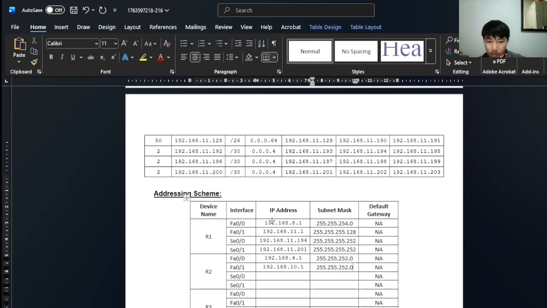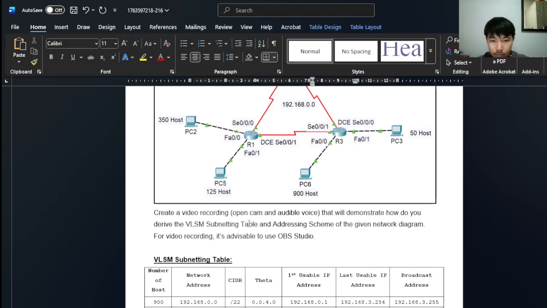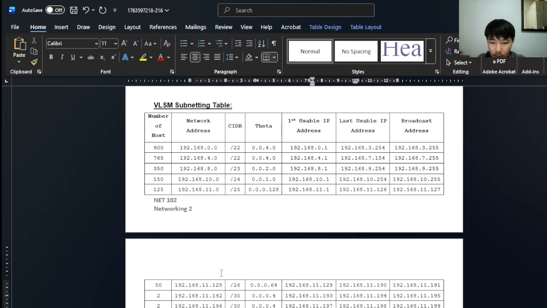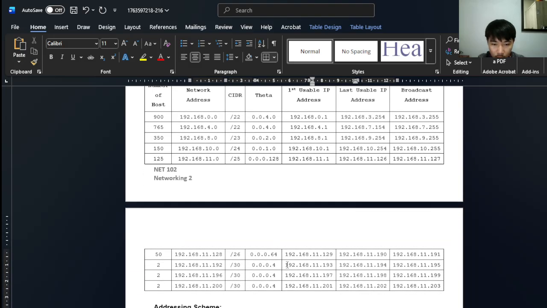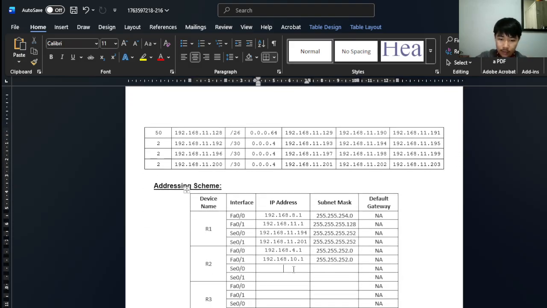So for Serial 0, Serial 0 is here on Router 1. The first usable address of Router 1 is 192.168.11.193.